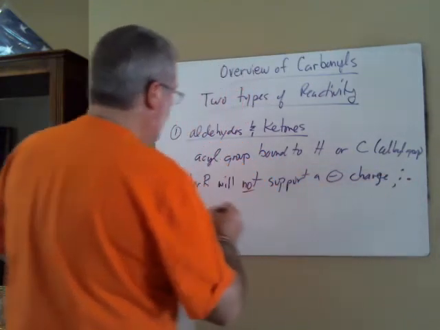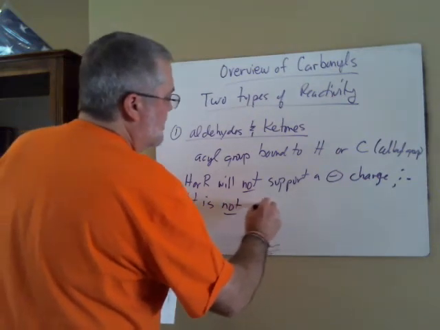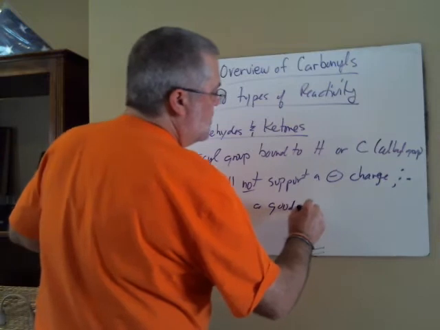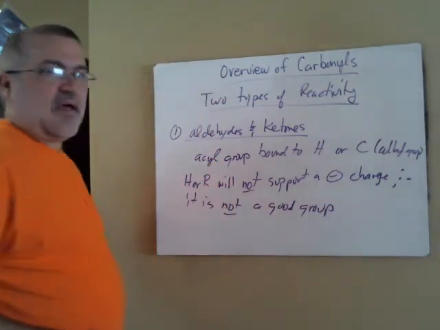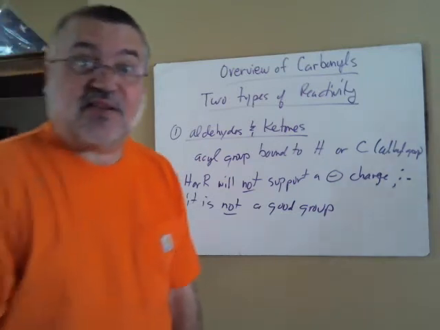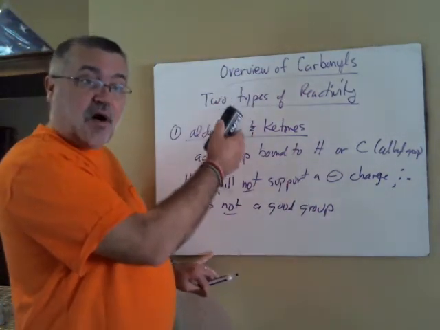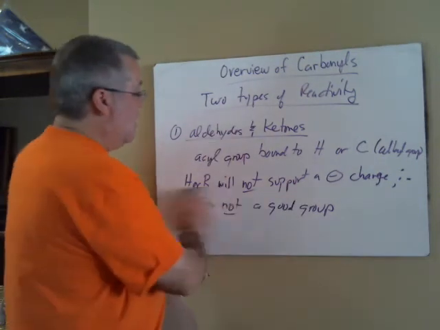Therefore, it is not a good leaving group. And if it's not a good leaving group, you don't see any reaction mechanistically that would require the R or the H acting as a leaving group.